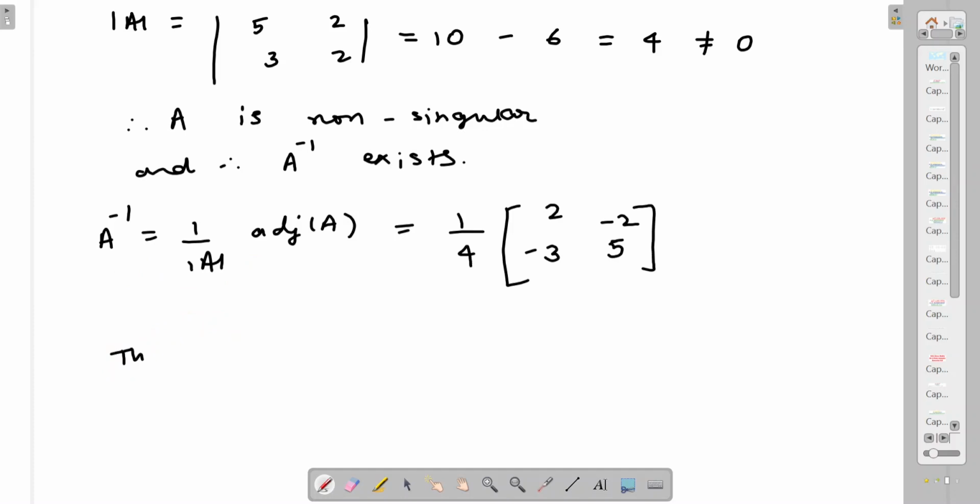Now the solution of system 1 is given by capital X equal to A inverse B, as we have already seen in the previous problems.